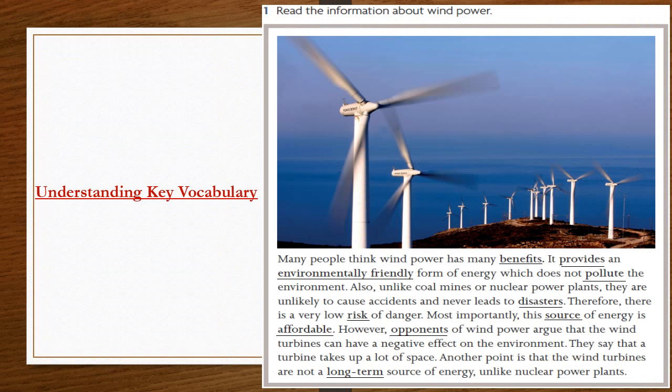Most importantly, this source of energy is affordable. However, opponents of wind power argue that the wind turbines can have a negative effect on the environment. They say that a turbine takes up a lot of space. Another point is that the wind turbines are not a long-term source of energy, unlike nuclear power plants.